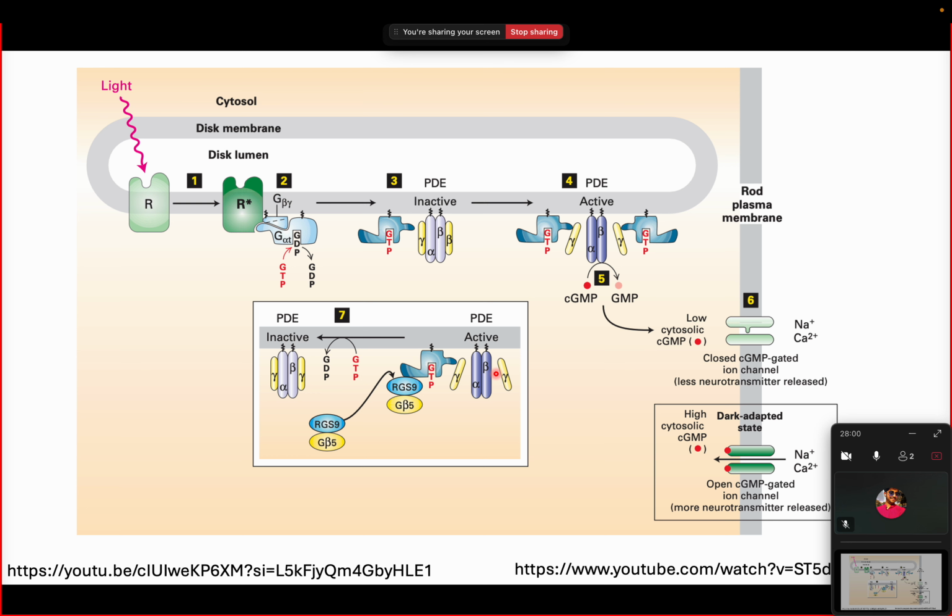So this actually happens. If you can relate, you all might have experienced this. If you go from an extremely bright room to a dull room and vice versa, you can actually sense a little bit of lag when you get adjusted to the new light, right? Why does this happen?